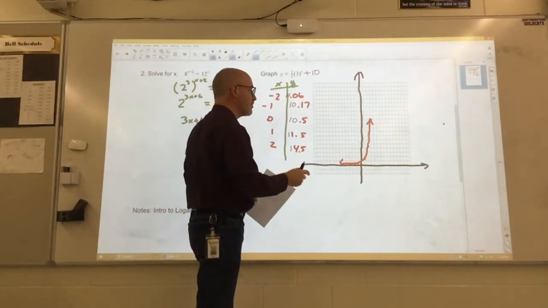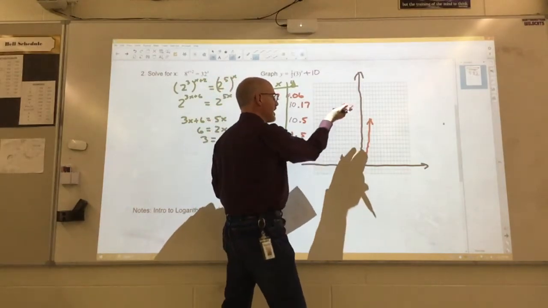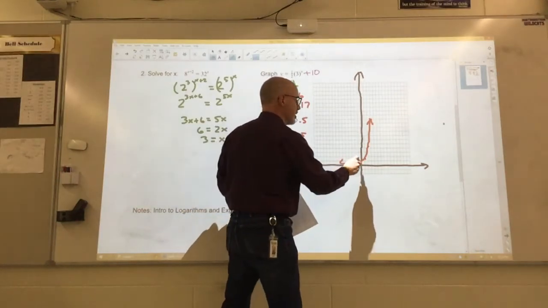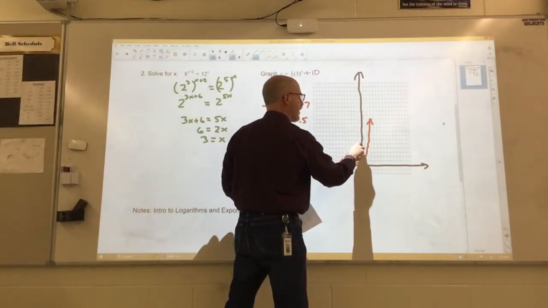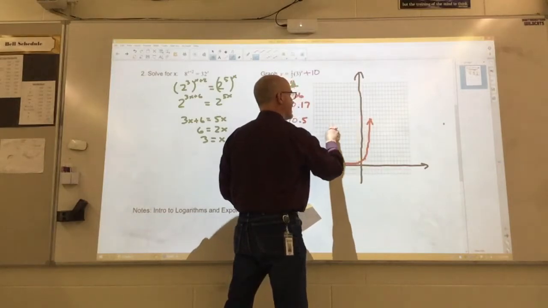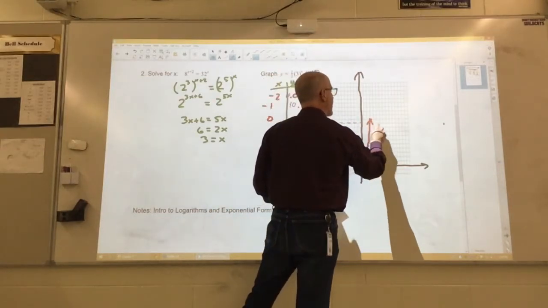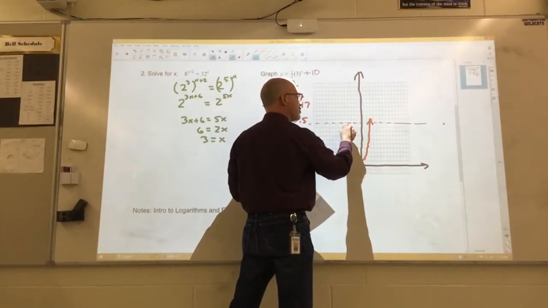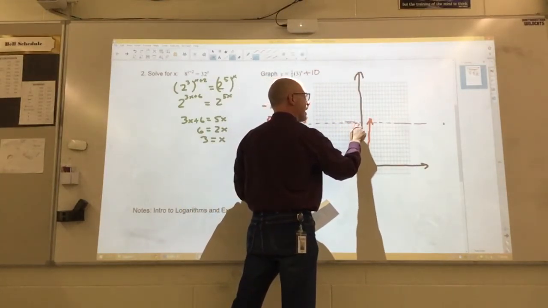And so all these values would be up 10 units. So now we would have a new asymptote at 1, 2, 3, 4, 5, 6, 7, 8, 9, 10. It would be right here at 10, where my graph would get very close to that asymptote.